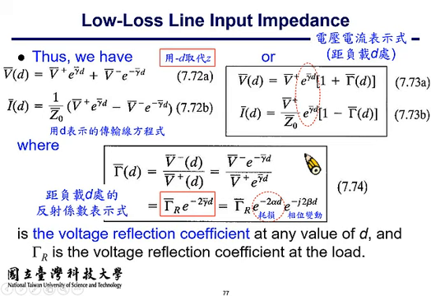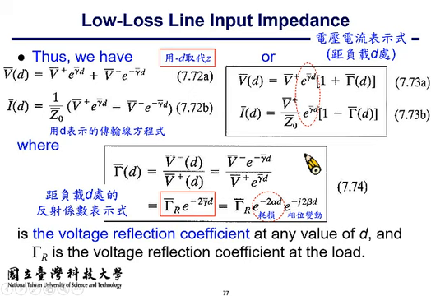And the V plus part can be represented as V plus times exponential gamma d. So the exponential gamma d stands for the phase and magnitude change due to the propagation from left to the right all the way to the termination. So by identifying this as gamma R, the reflection coefficient of the load, and identifying this part as exponential minus 2 times gamma d, you have this.